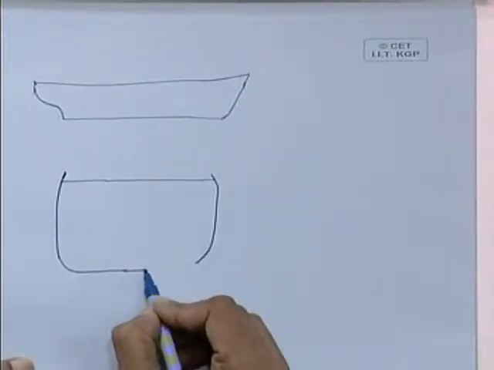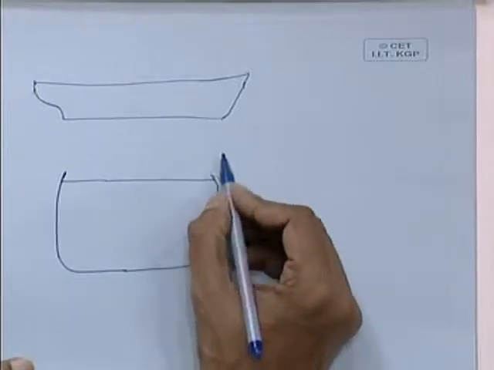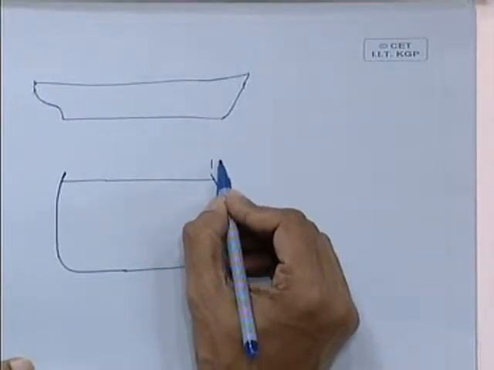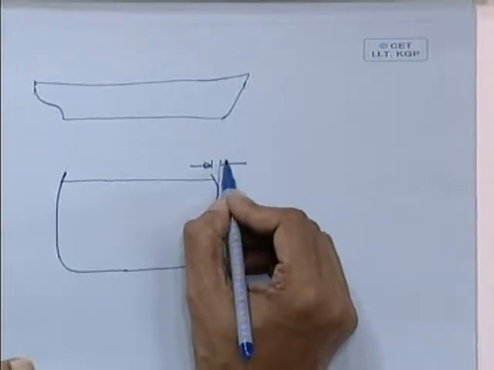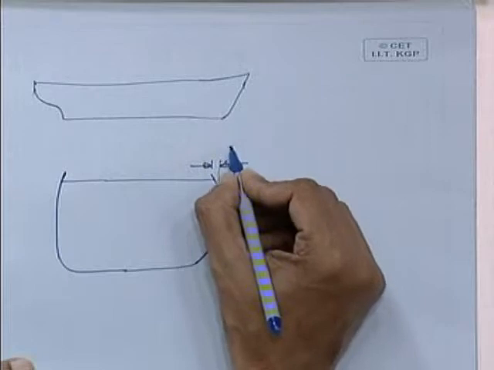So that is called a tumble home. So if you just draw the molded line from the shell, this is called a tumble home.